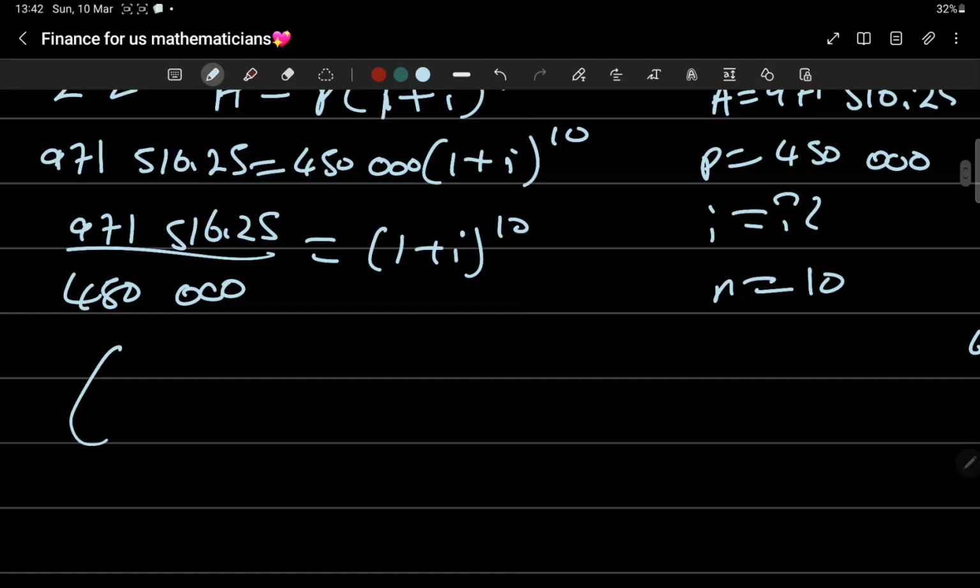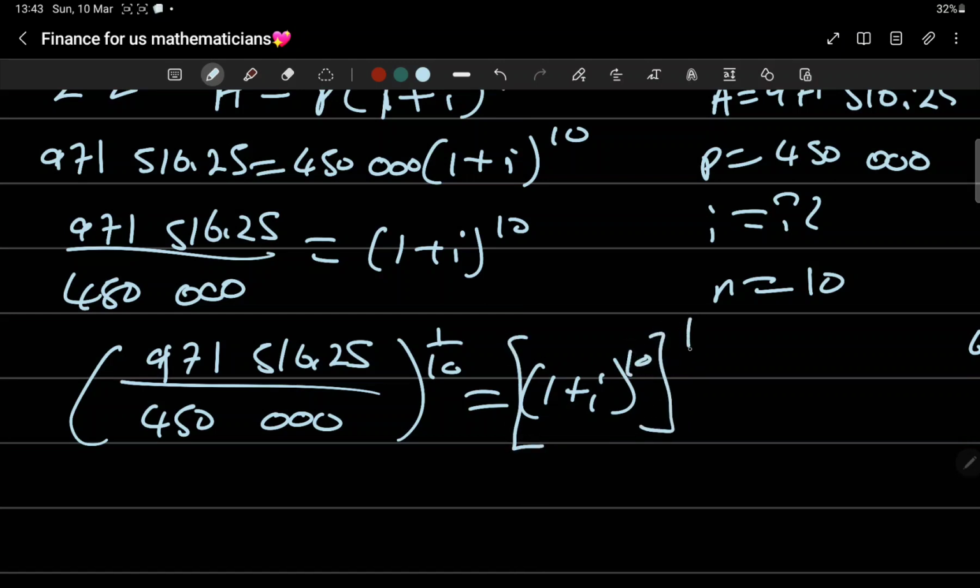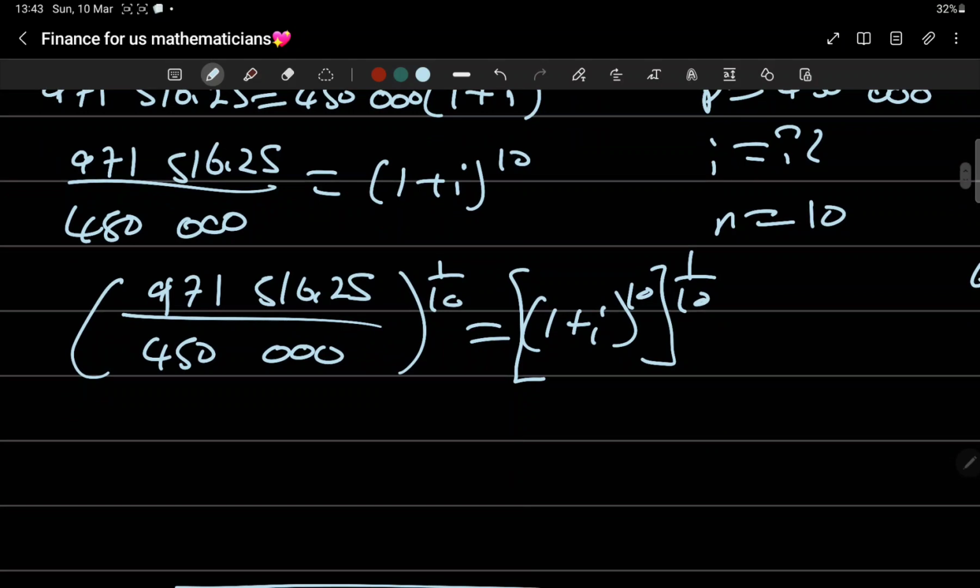Raise both sides to the exponent 1 over 10.